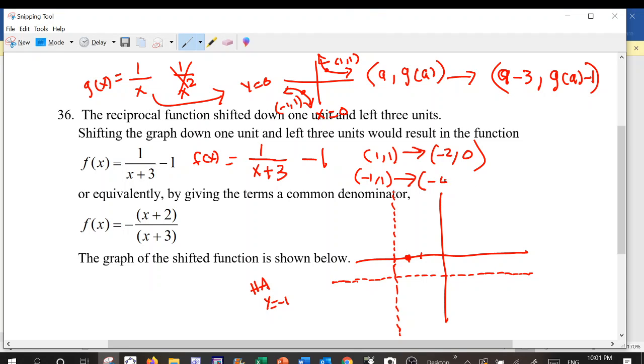Negative 4. And what's 1 minus 1? 0. So negative 4, 0. So that's negative 4, 0 right there. Right? So look at the shape here. It's going to approach that, and this is going to approach that, right? And over here, look at the shape, right? So it's going to what?